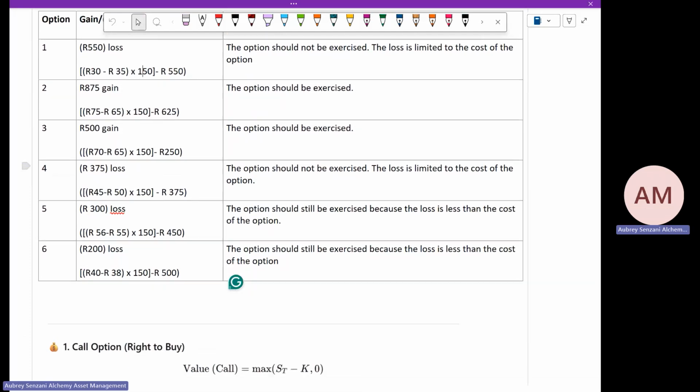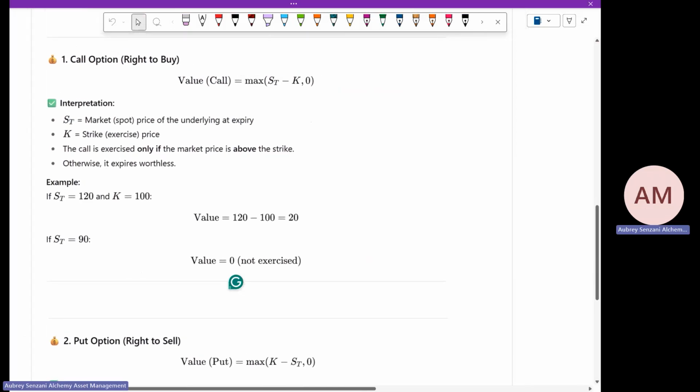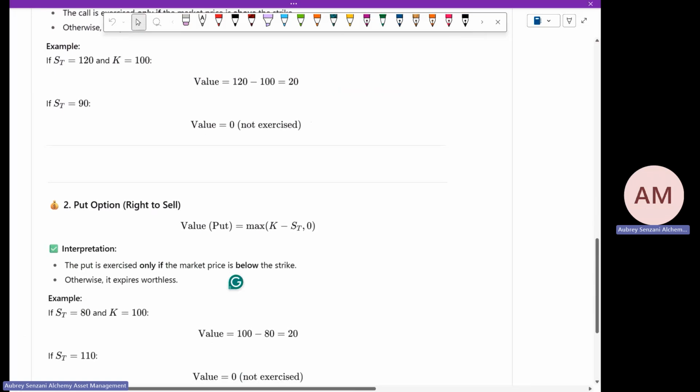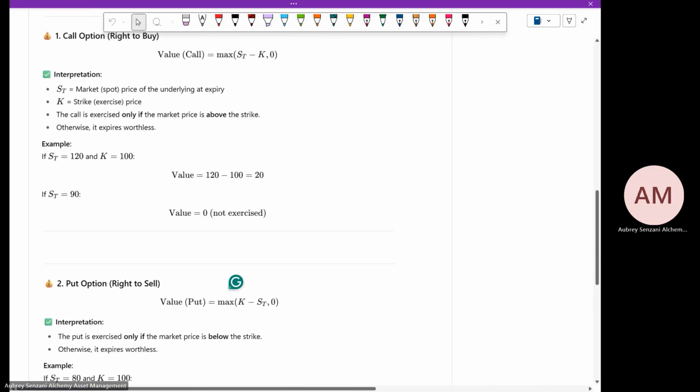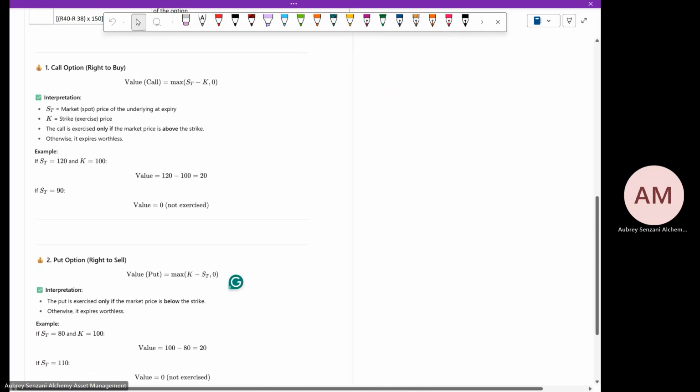So again, I'm just going to show you the formulas there so you can also have a look. There you can see your put option is K minus, it's actually too low, sorry. Right, there we go. For your put option, it's K minus your spot price.